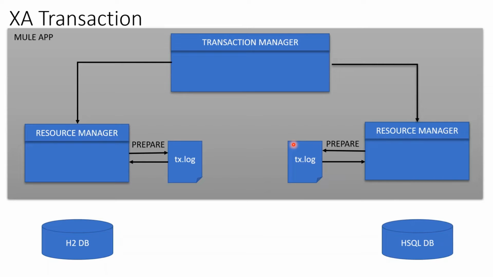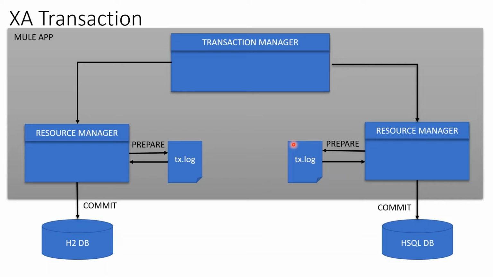Once they send a successful response to the transaction manager, when both of them send and the transaction manager receives the successful response from all the participating resource managers, in this case it's two, but there could be many, then it will order a second phase, which is the commit phase.